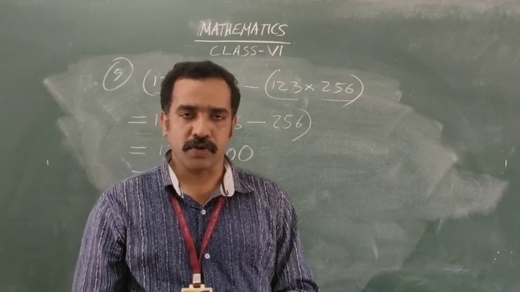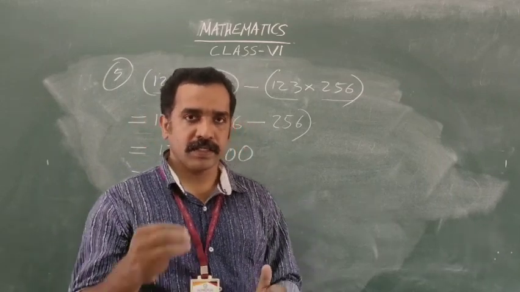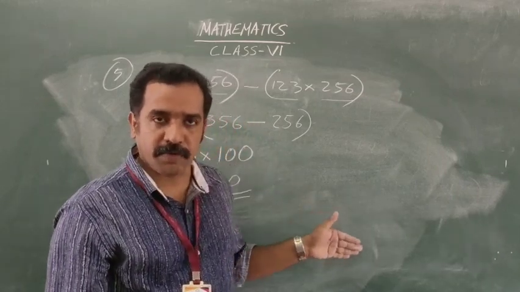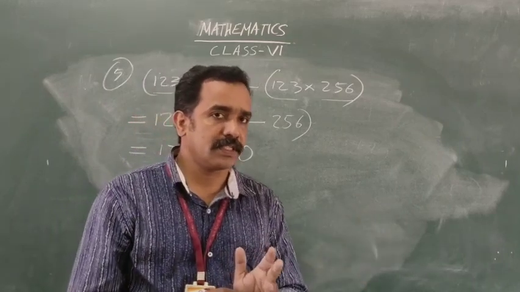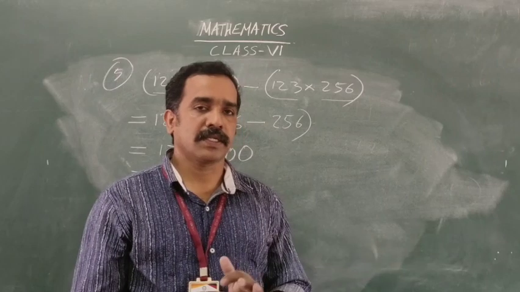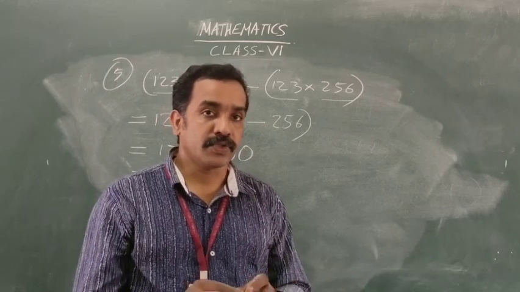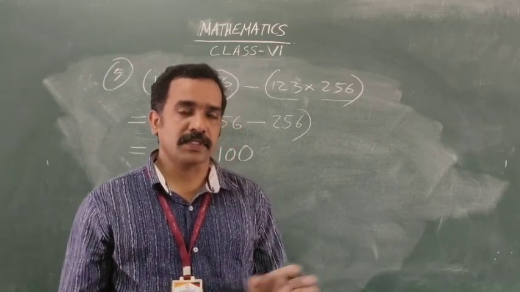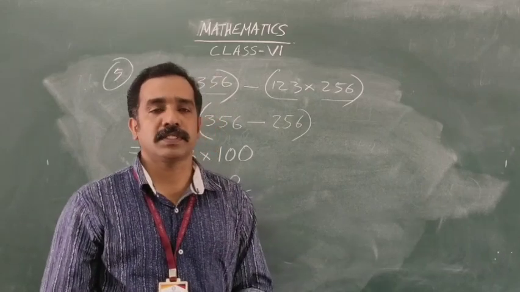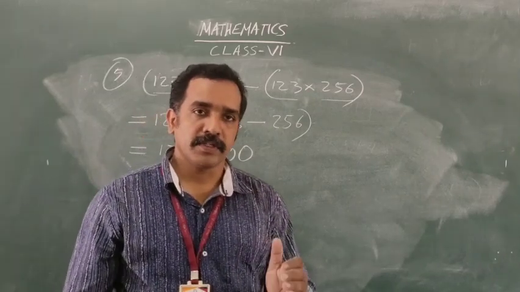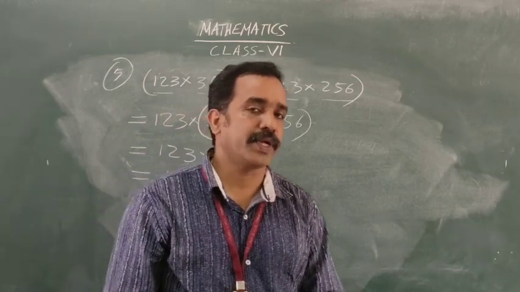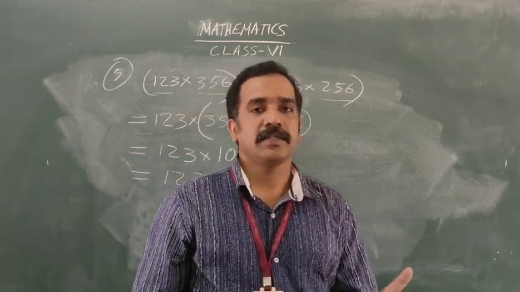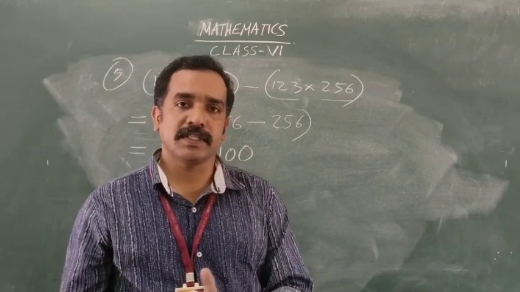You practice at home, this chapter till question number 5, second exercise. The first exercise was add, subtract, multiply, divide using number line, and the properties of whole numbers you have to study. All this will be there in the pre-midterm exam. So start revising today itself, and next week we will see the exam.